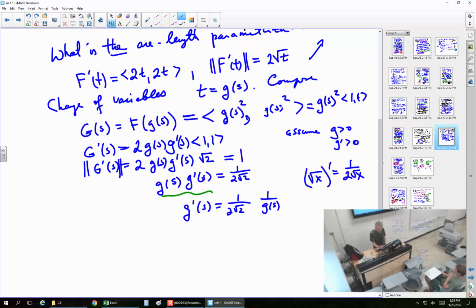So what is g of s then? It's not exactly square root of s, but rather what is it? 1 over square root of 2 square root of x, 1 over 2 square root of x, I think. Well, let me check it out. So g prime of s is 1, hold on a second, I meant in the numerator, square root of 2x.